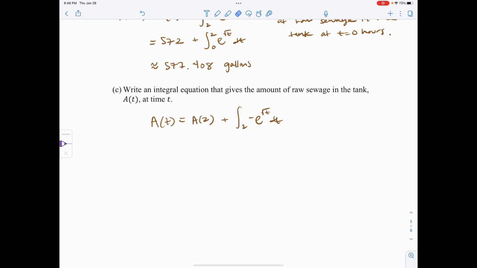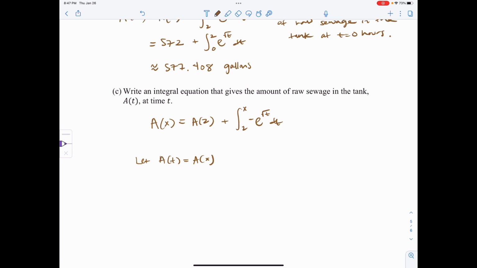Here, I'm going to use x. That should be an x. So I'm going to let a of t equal to a of x. Okay, and that'll give us the amount of raw sewage in the tank at time t, or time x.